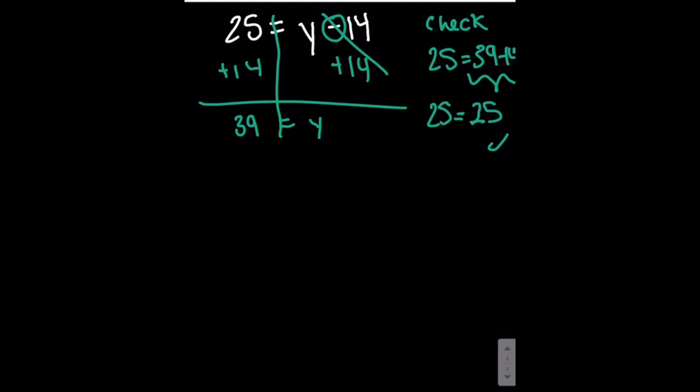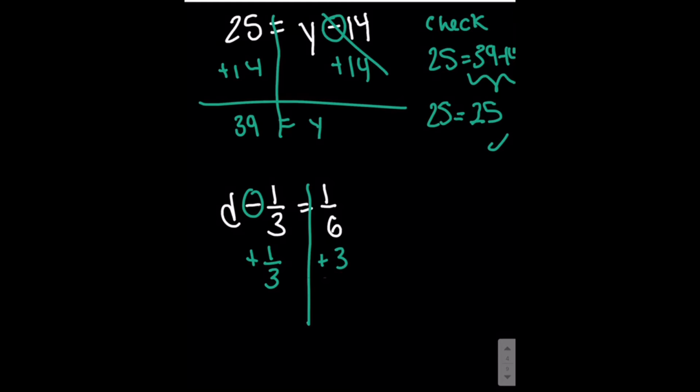So let's do a different one. Now let's do d minus 1/3 equals, let's say, 1/6. For this one, you can do the same thing. Since it is a minus 1/3, you would be doing plus 1/3.